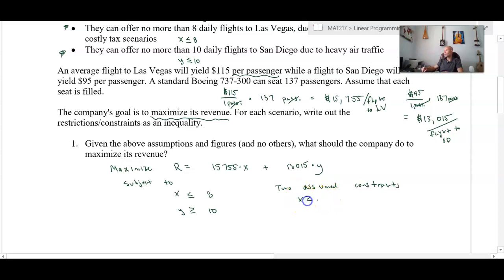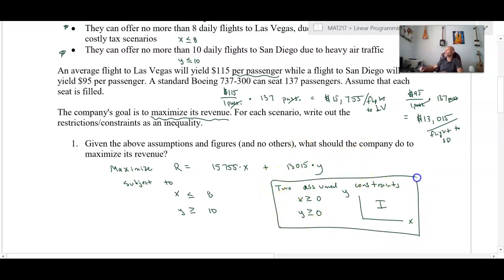X has to be greater than or equal to 0, and Y has to be greater than or equal to 0. So in other words, we're only going to consider quadrant 1. No other quadrants will make sense. And the methodology we're going to propose here depends on the fact that we are working in the first quadrant. So this is kind of like a little sidebar here. This is always going to be true for these linear programming problems we look at.